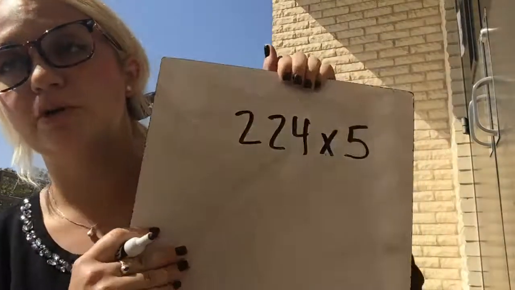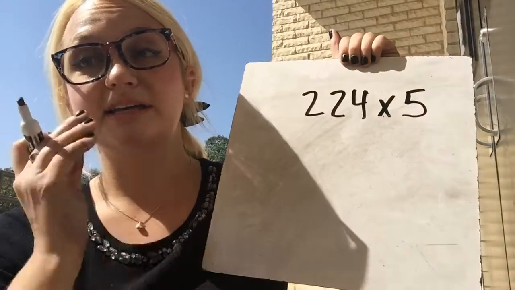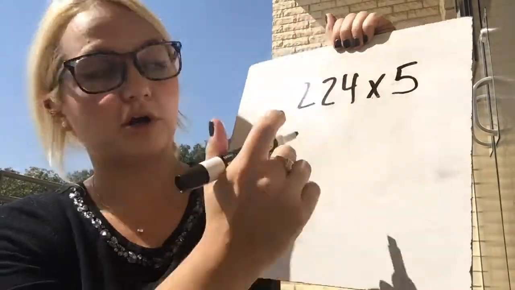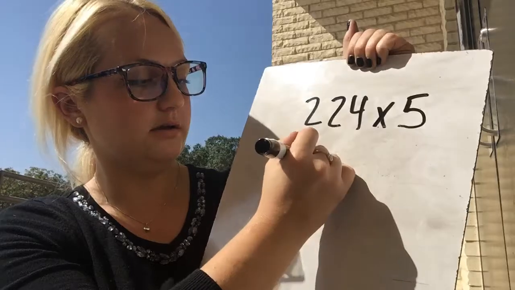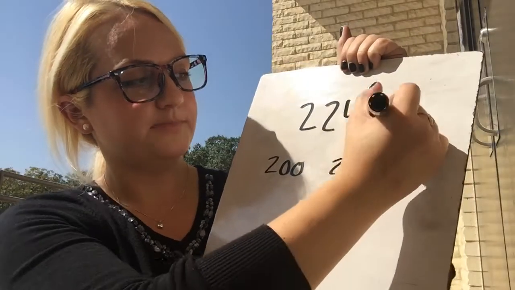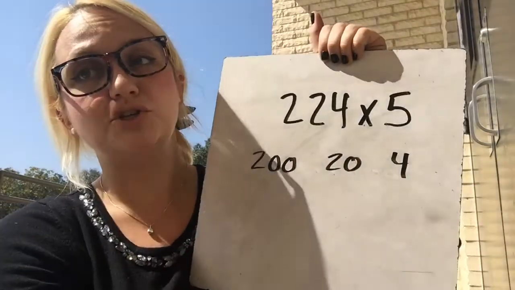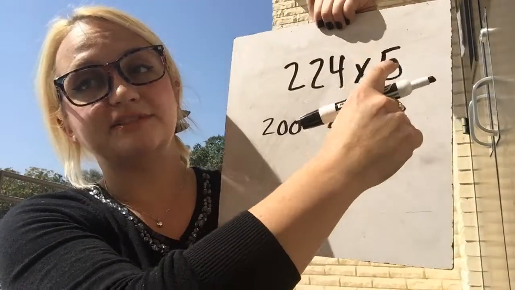So the expanded, let's do 224 times 5. Now, expanded is when I just break it apart. So 200, 20, and 4. And what am I going to do to each of those? Times 5.